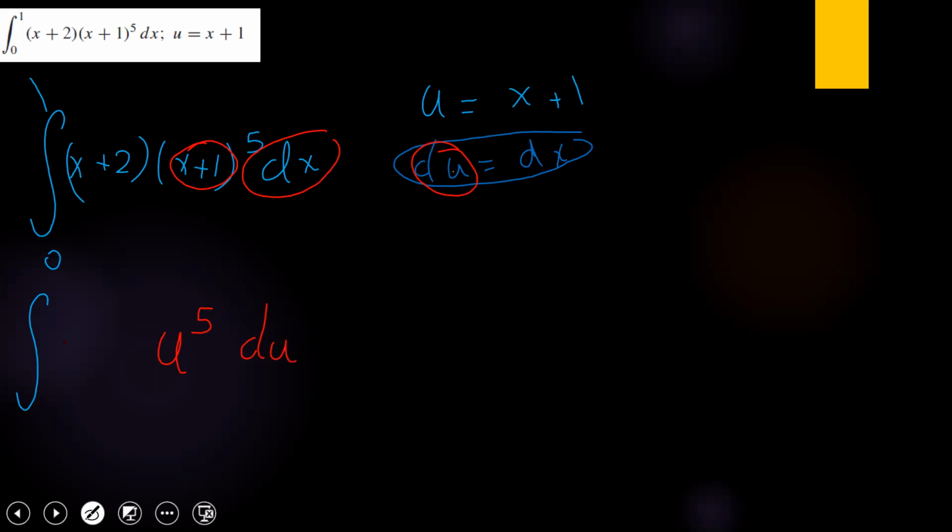And what do I have here? I have x plus 2. Can I keep it? No. I have now to write it related to the variable u. What we have to do, think about it. I say that x plus 2 is x plus 1 plus 1.